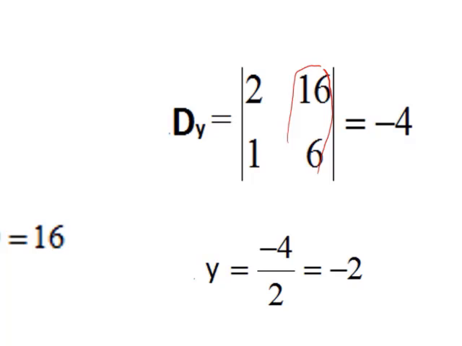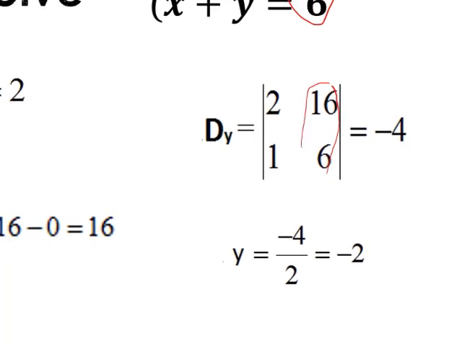So when we subtract, our result is negative 4. Now to get our y, we divide the determinant of y, which is negative 4, over the original determinant, which is 2. When we divide, our answer for y is negative 2.